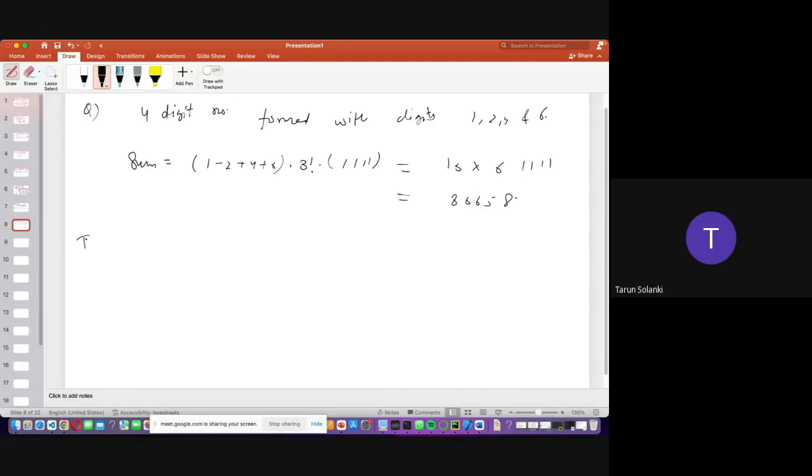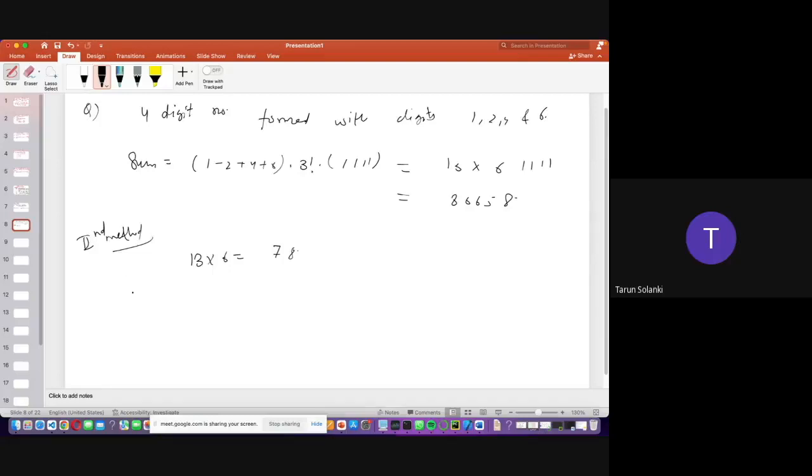And there is a second method also that can be used. Here total 4 digit numbers will be 4 factorial, that is 24. So every digit will occur 6 times at every one of the 4 places, right? So now the sum of the given digits is 1 plus 2 plus 4 plus 6, so that is 13. So sum of digits at every place of 24 numbers will be 13 into 6, that is 78.